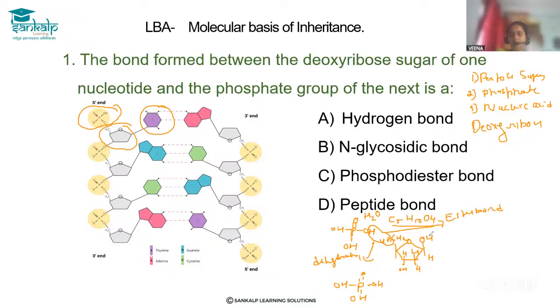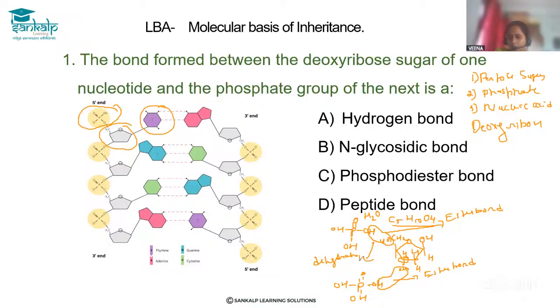And here also, at the third position of the pentose sugar, you observe a dehydration reaction and it forms an ester bond. So to the fifth position of the pentose sugar and then the third position of the pentose sugar, phosphate groups are attaching and forming the ester bond.